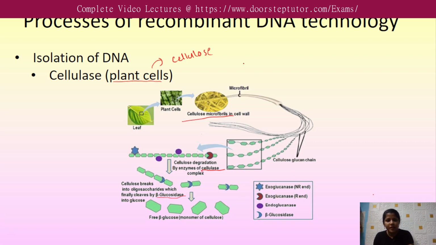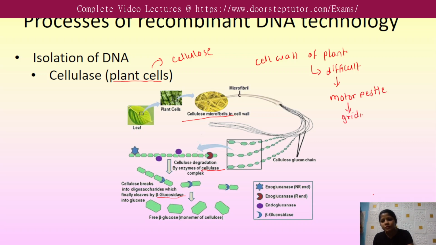This is how we break the cell wall of plants. In case of plants, it is very difficult to take out the genetic material. Hence, we can use a mortar and pestle for grinding, so we can easily take out the DNA from the plants.